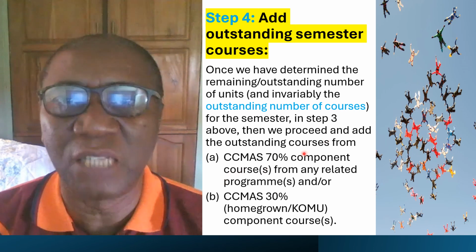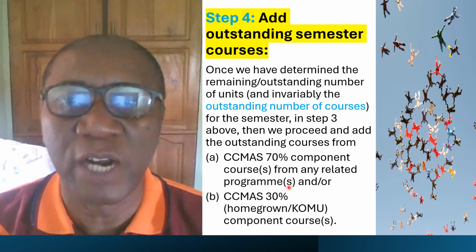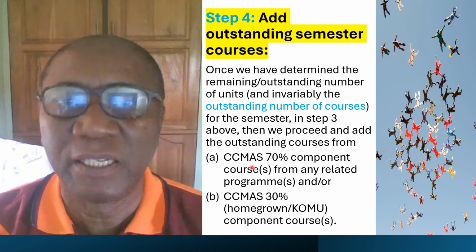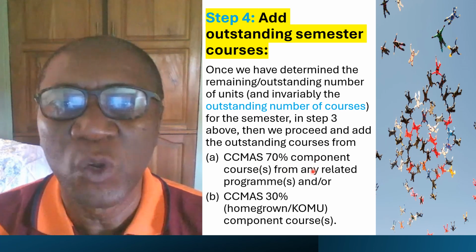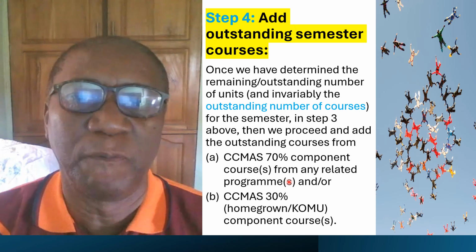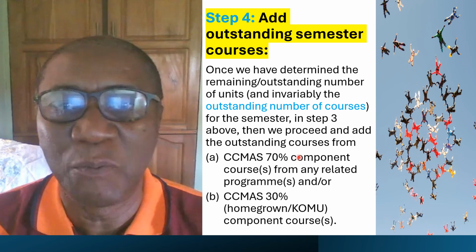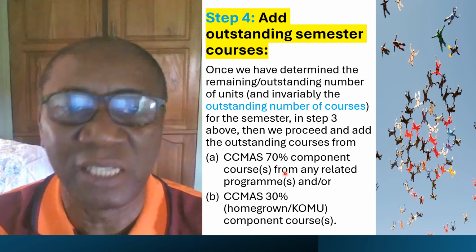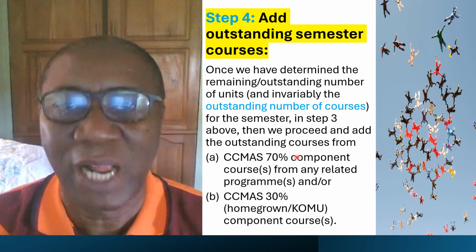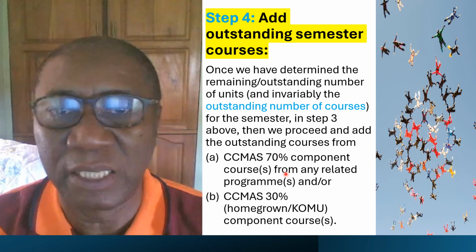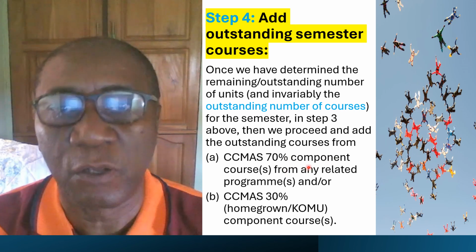One is that we can get these outstanding courses from some of the already defined CCMAS 70% compulsory courses from related programs. If it is cybersecurity we are dealing with, you may discover that there are related programs like computer science, information technology, mathematics, and at 100 level you even expect things like physics, chemistry, and some science disciplines.